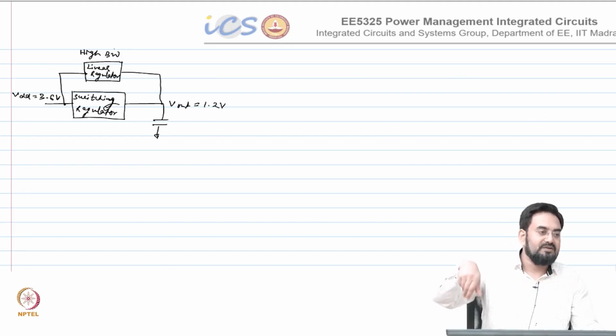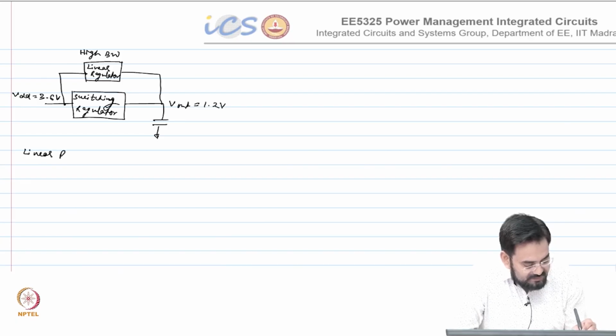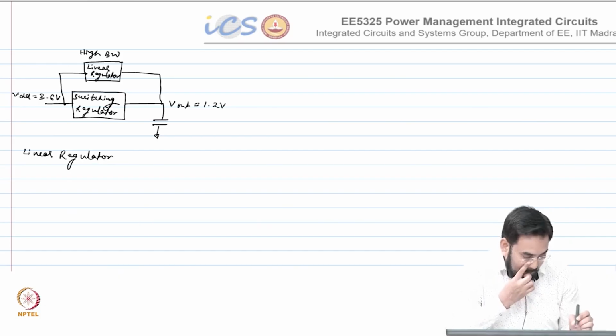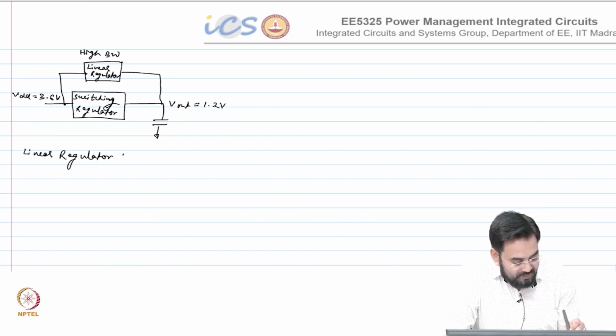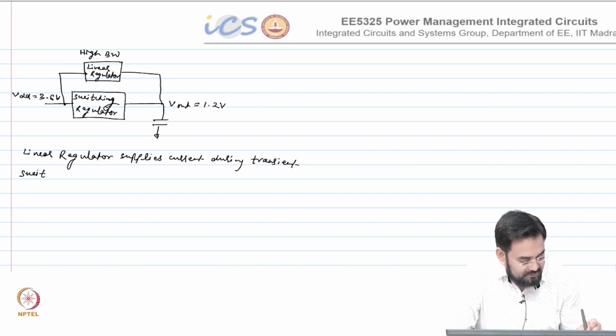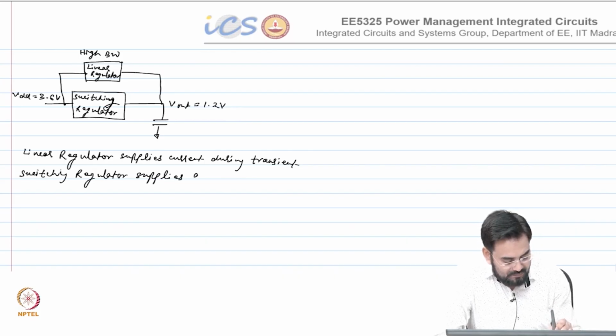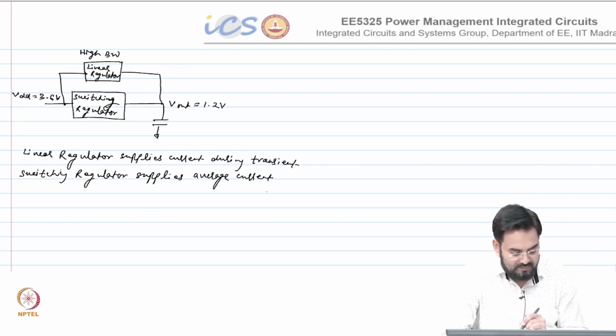So all the average current is being supplied by your switching regulator, and linear regulator can supply current only during transient. Okay.